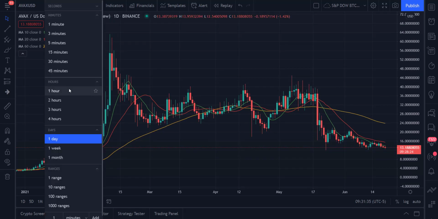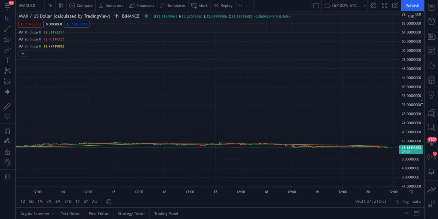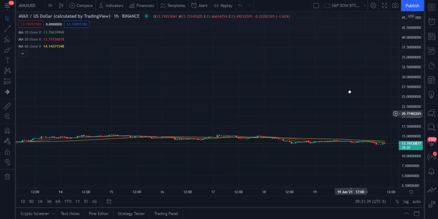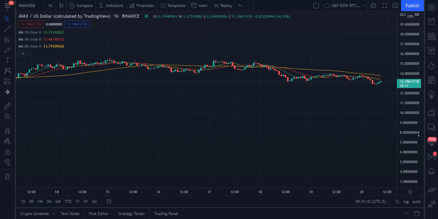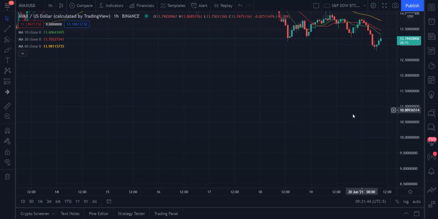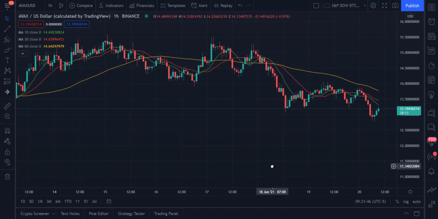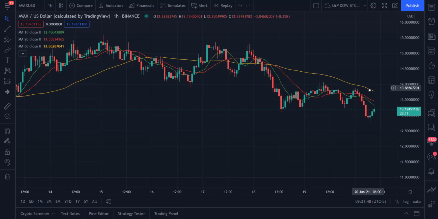Let's take a look at the 1 hour. When we pull it down to the 1 hour, it gets really tight. I have to play with the time frame a little bit. I love that TradingView allows me to do that pretty easily. We are showing bearish at the 1 hour, even though these last three bars have been higher today. We'll see how that affects the lower time frames, but we're still very much bearish at the 1 hour standpoint.